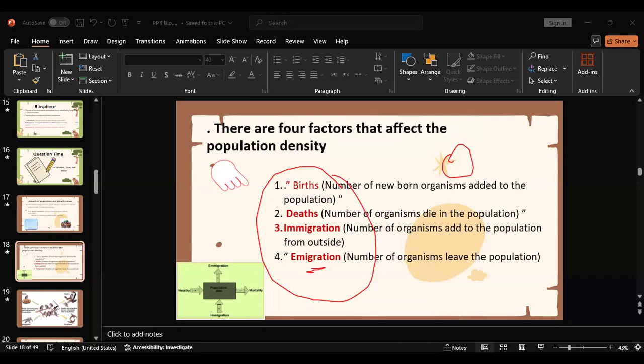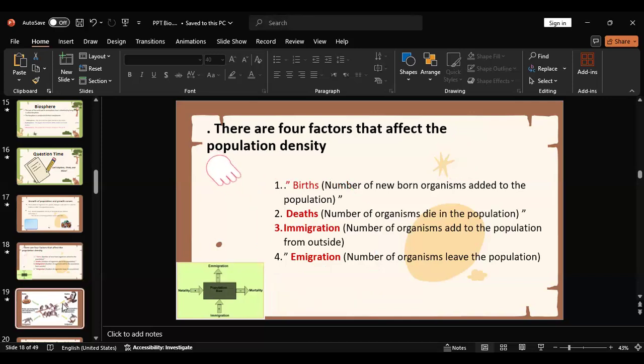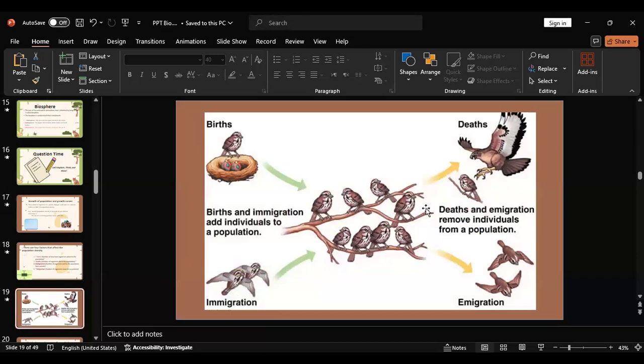Okay, here you may see the picture. Here there are birds. This is the area we consider. By the birth, the population will be increased, right? And the other thing, death. Sometimes here you may see the eagle feeds on this small bird, so it will be death.